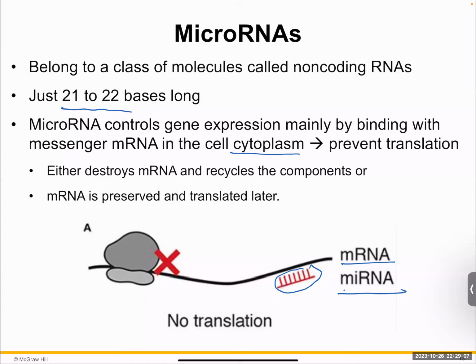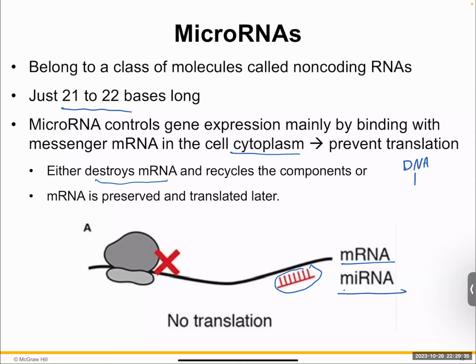One way is to mark that mRNA for destruction. So basically it says this mRNA is not needed, take it away, pull it apart and degrade it. The other way is it can temporarily preserve the mRNA and say, I'm not ready to translate you yet, so we're going to stop the translation and start it later.